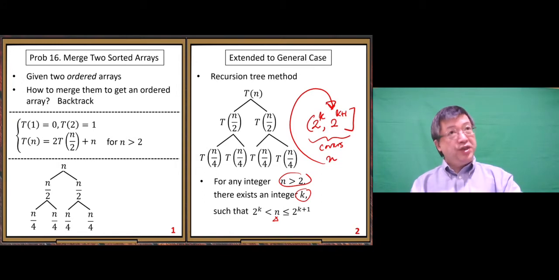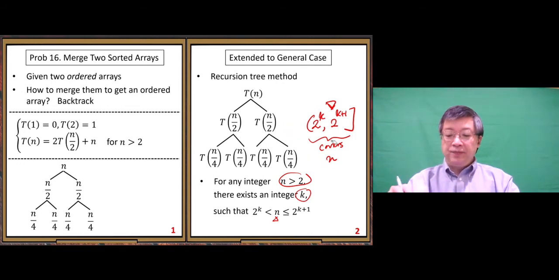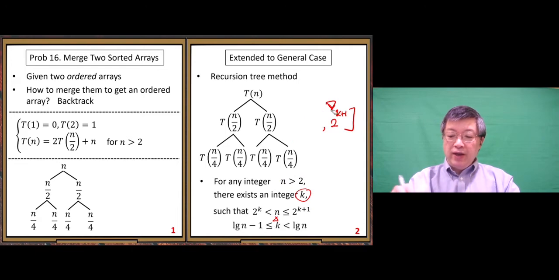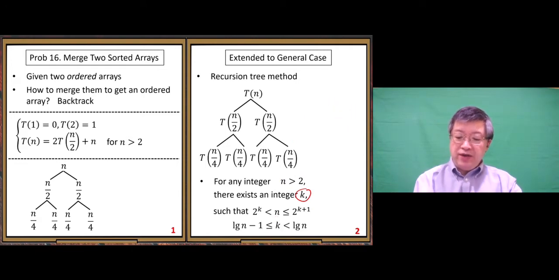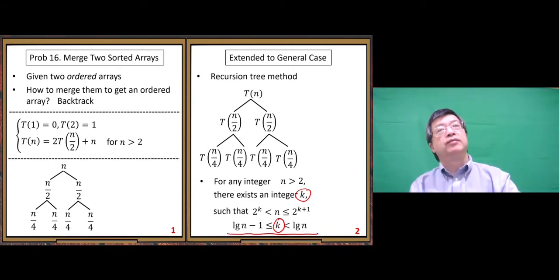It's easy to see that, so we do not need more steps for the proof. In that way, if we take log base 2, we can get this relationship: k is between log of n minus 1 and log of n.